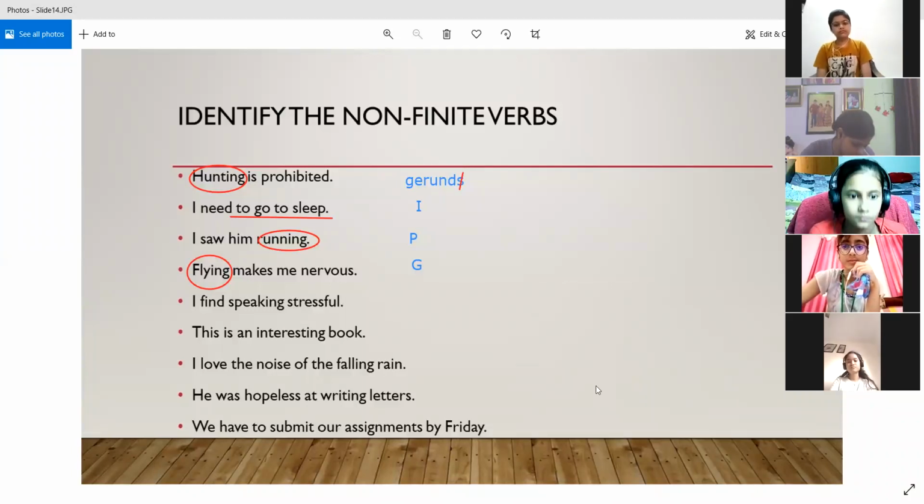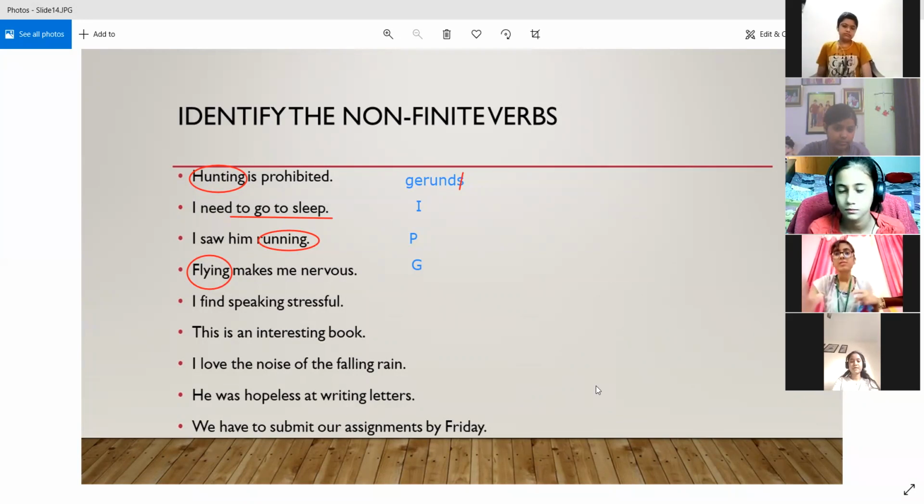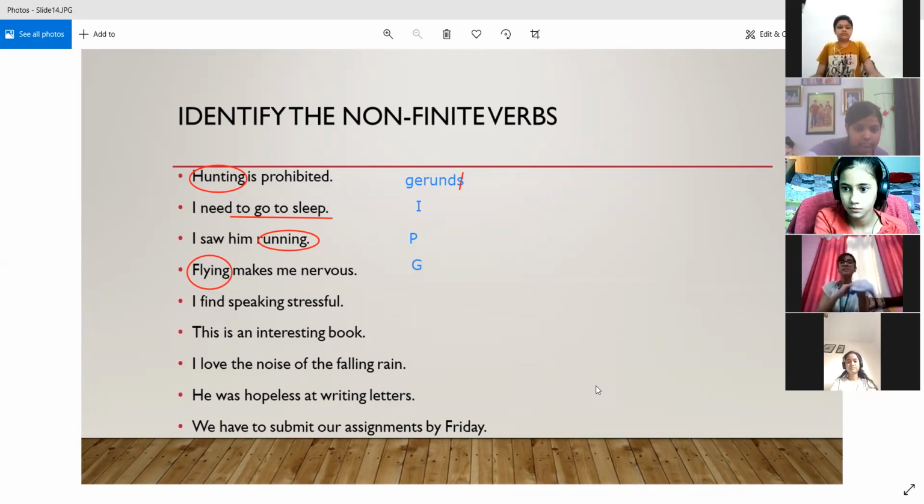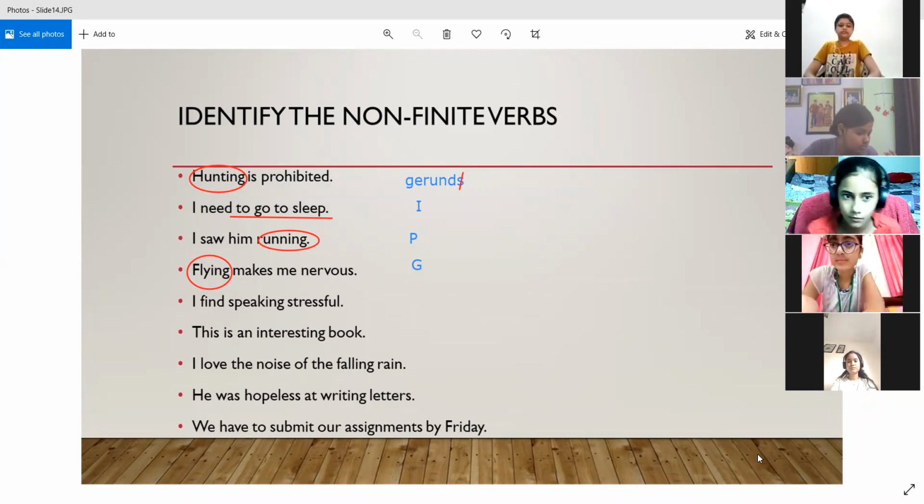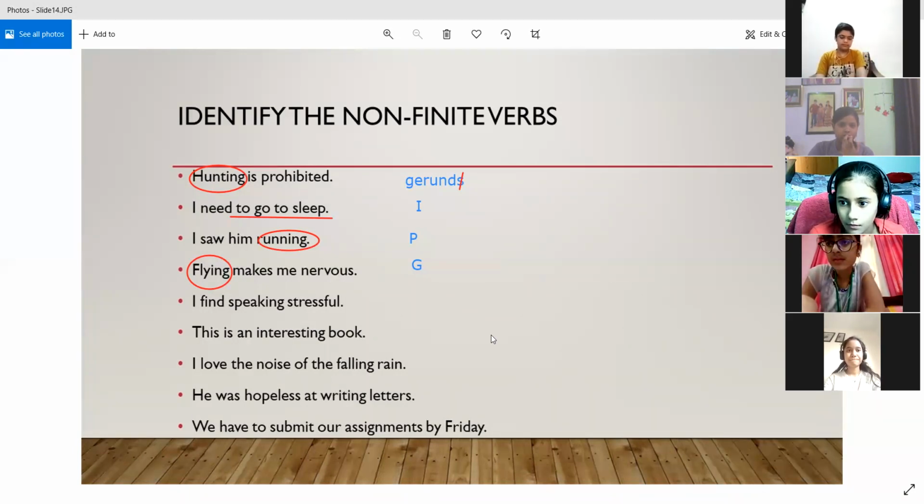Yes, Maliha. Sir, speaking is the gerund. It's gerund. Okay. Can you tell me the reason? Sir, because it is acting as a noun, plus it is the object of a verb, and it is an ing form also.